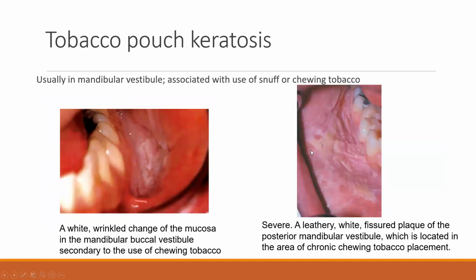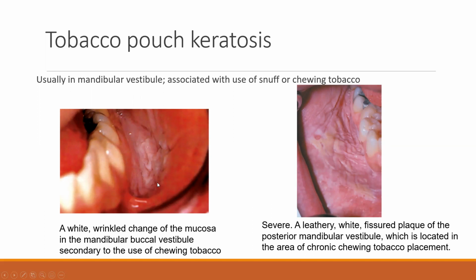The next lesion, which looks similar to leukoplakia, is tobacco pouch keratosis. Basically, this is exclusively caused by smokeless tobacco, which can be used in the form of chewing tobacco, moist snuff, or dry snuff. Moist snuff being the most popular, especially in the US region.